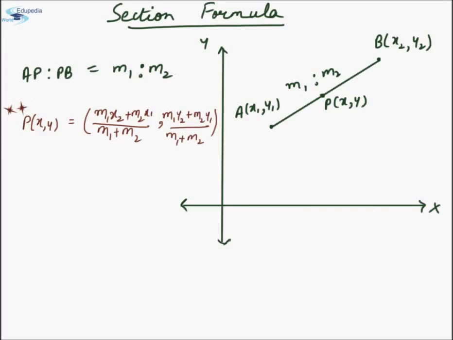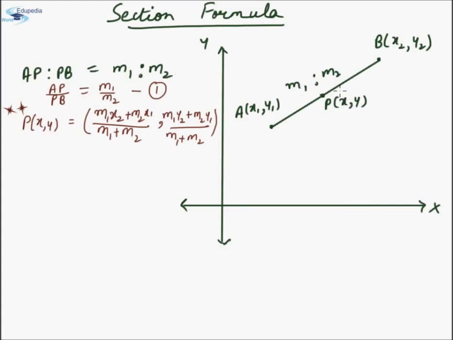Let us see how. Friends, this ratio can also be written as AP over PB is equal to m1 ratio m2, or m1 over m2. Let this be equation 1.